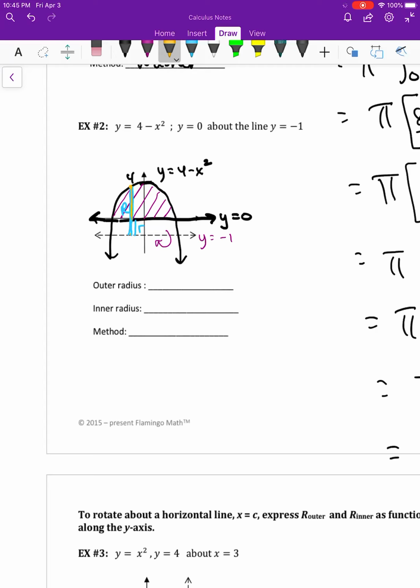We're going to have to add 1 to it. This is a distance. Even though this is negative 1, we're adding 1 to it because it's a distance.